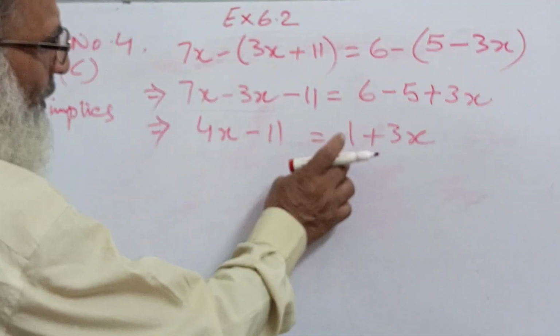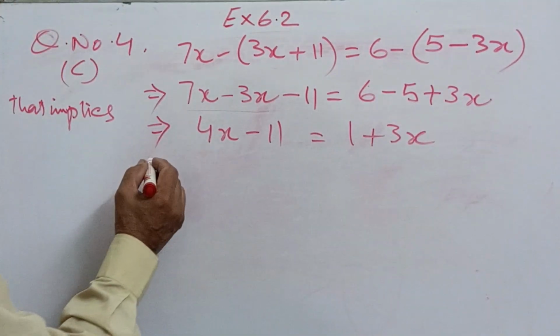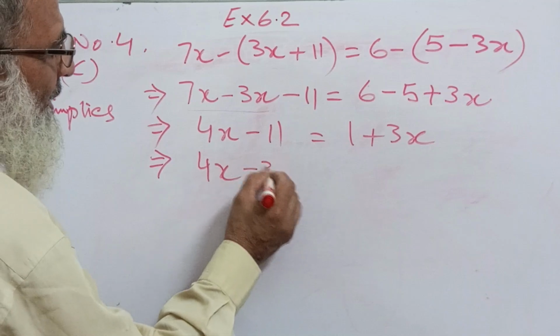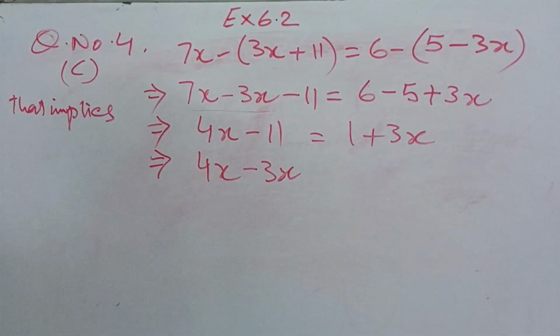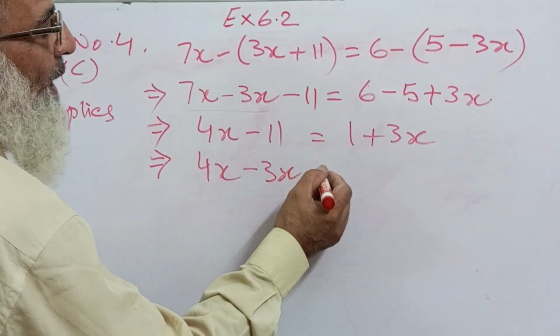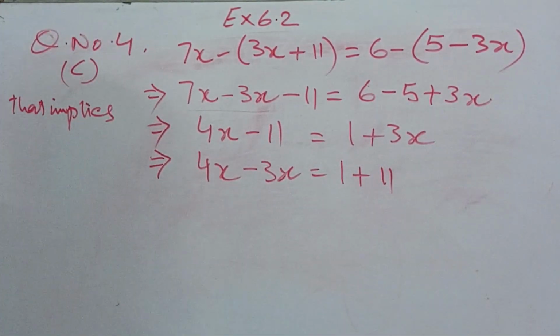Now flip over the sides. We have shifted this 3x from here to here, and 11 from here to here, so it will change its sign.